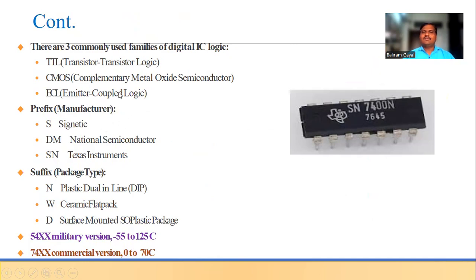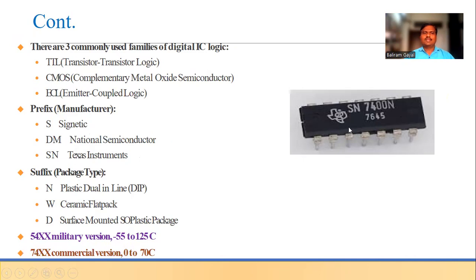Again, when we consider the physical IC structure, for example, this is a 7400 IC. Here SN is a prefix and N is a suffix. Here S denotes the manufacturer Signetics, DM denotes National Semiconductor, and SN denotes Texas Instruments.